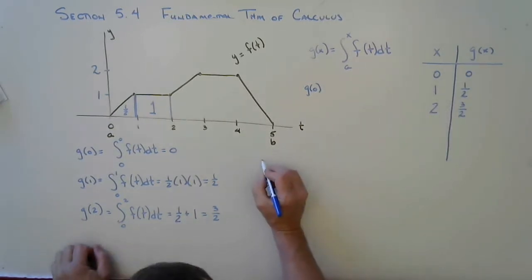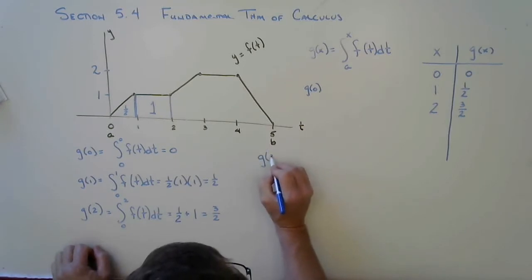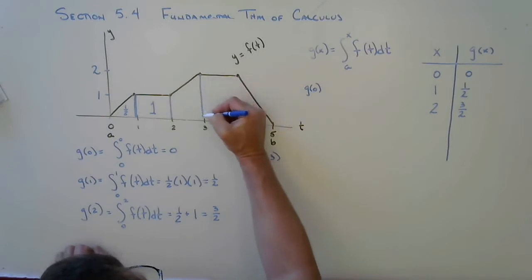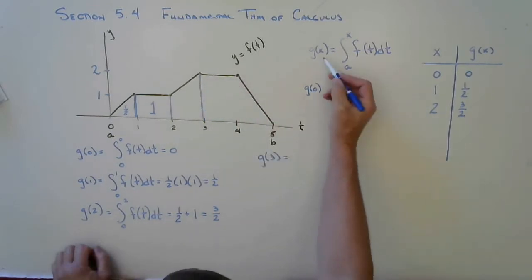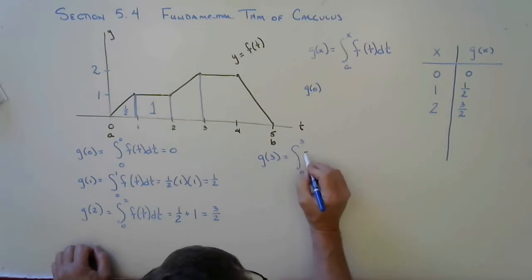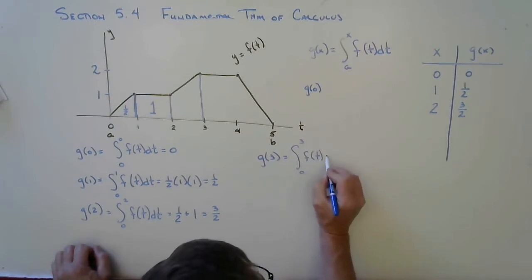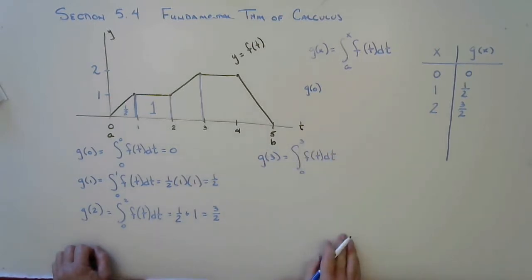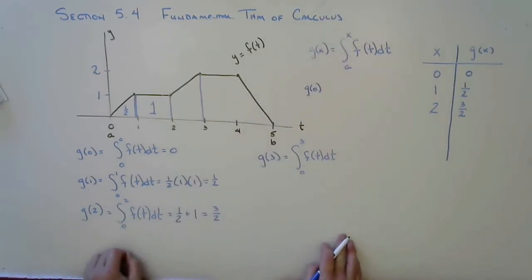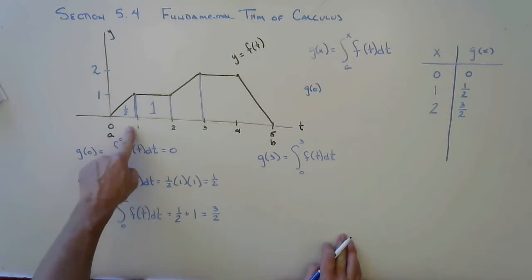What about g of 3? Well, hopefully you're beginning to see the idea here. For g of 3, we're going to have the integral, right, from 0 to 3 of f of t dt, because our x is right here. Now, well, we know that integral goes from 0 to 3, so that's a half, that's 1.